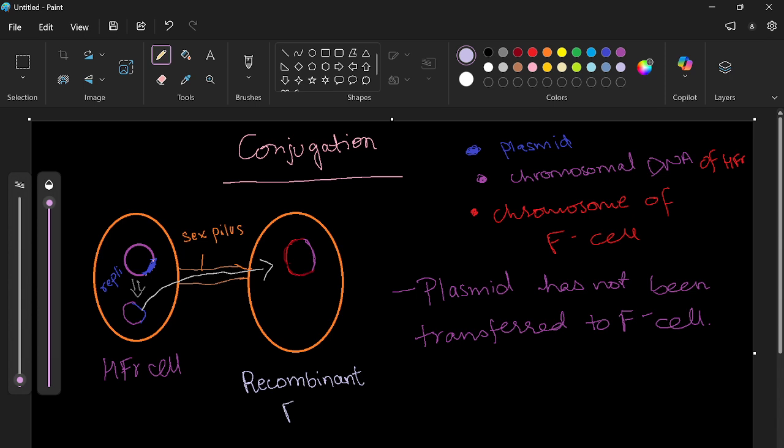It will not be called an F plus cell, but a recombinant F minus cell, as the plasmid has not been transferred from this bacterial cell to this one, and only a portion of the normal chromosome has been transferred and integrated into the chromosome of the F minus cell. So this is a recombinant F minus cell.